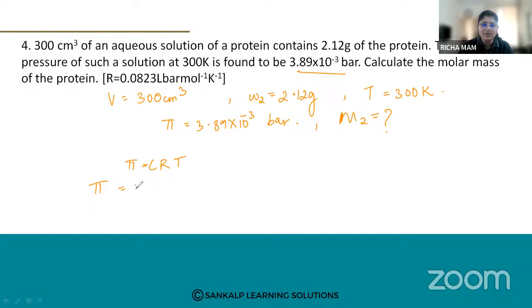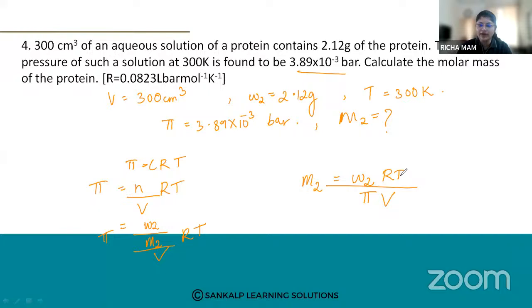Concentration is nothing but number of moles upon the volume, so pi equals number of moles upon V into R and T. Number of moles is given mass, that is W2 upon M2. After calculating, you get M2 equals W2 RT by pi V. So this formula you will use to calculate the molar mass of the solute.